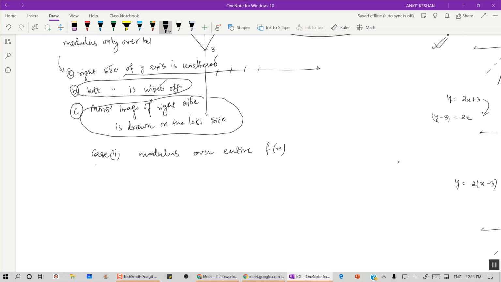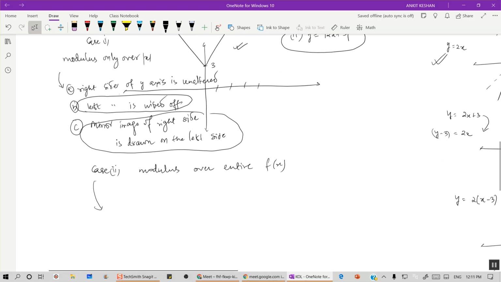What will we do? Any part above the x-axis will be unaltered.